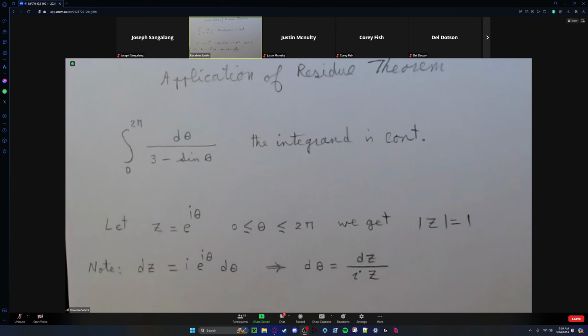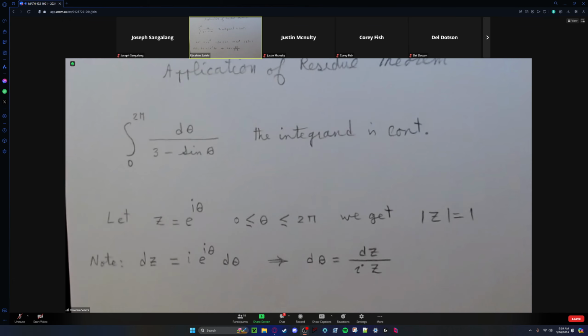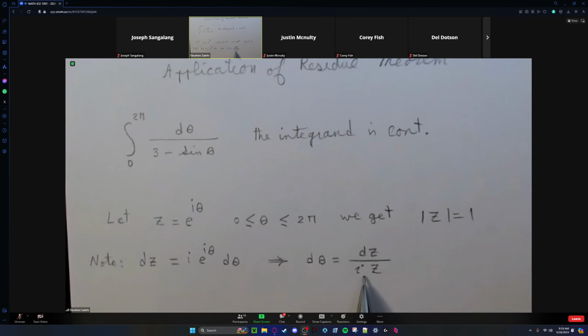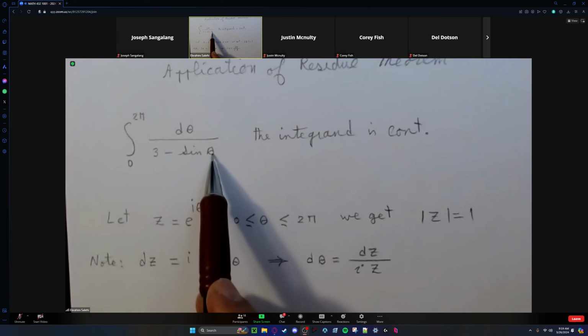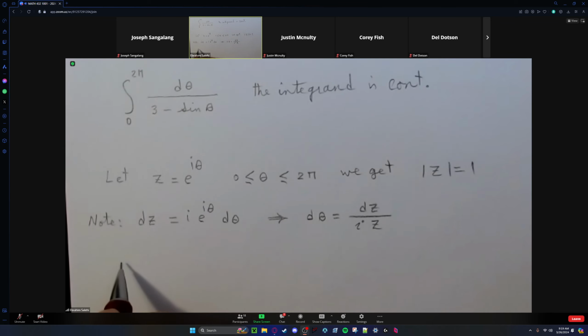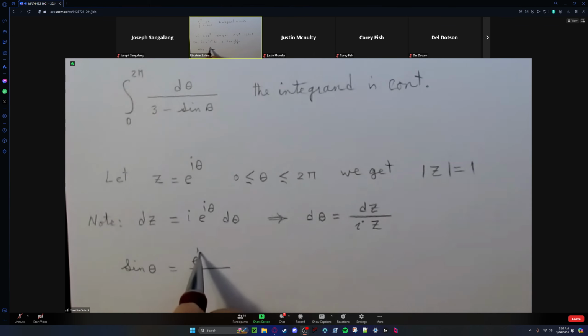Well, that's good enough. But what about sine? That is d theta, right? I'm going to replace d theta by this. How about sine theta? Well, if you remember the definition of sine theta, it is e to the i theta minus e to the negative i theta, divided by 2i.